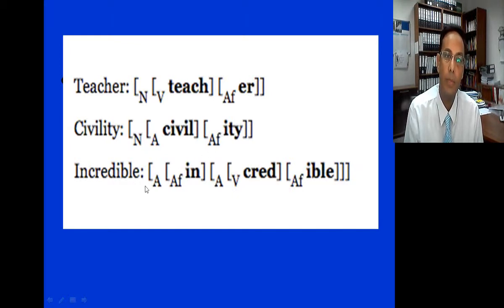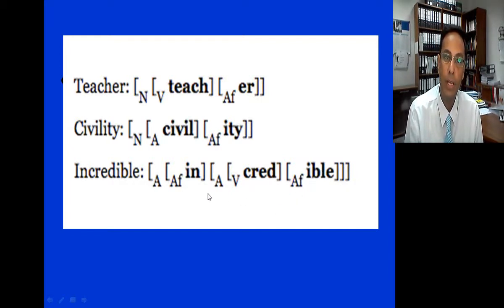Incredible, the same. Incredible is an adjective. The big unit is an adjective, so we write A. But it is composed of what? Of the first unit, in-, an affix or prefix, and credible, which is an adjective. We wrote A here. And cred is a verb, -ible is an affix or suffix.